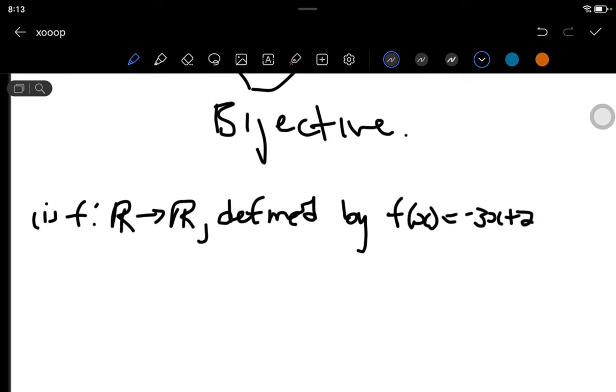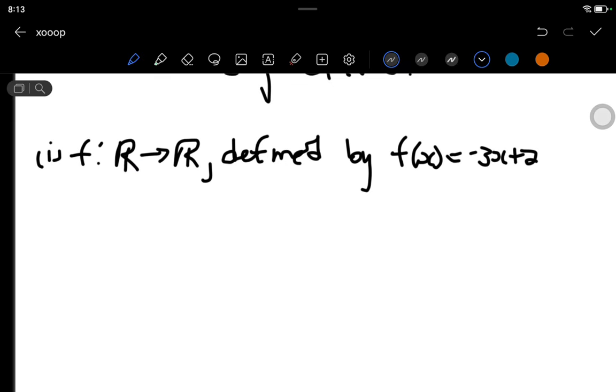Then they say show your steps clearly, right? Now we do this. First thing, let's check 1-to-1. It's much simpler to check 1-to-1, or injective.